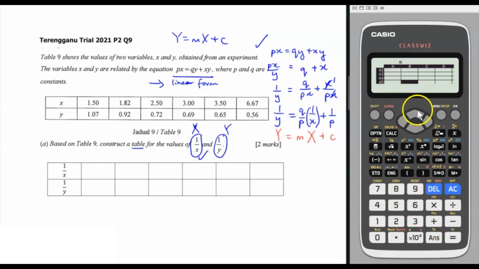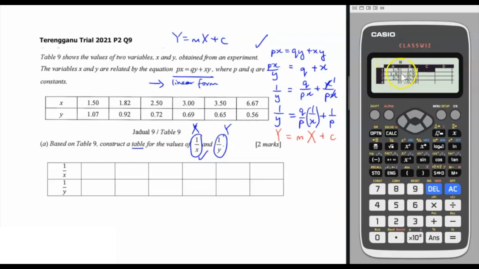So now we go to column C, the third one on the right side. Okay, so for the first row in column C, this C is 1 over x. So to find the value at C1, we are going to use 1 over A1, which means 1 over 1.5, right?